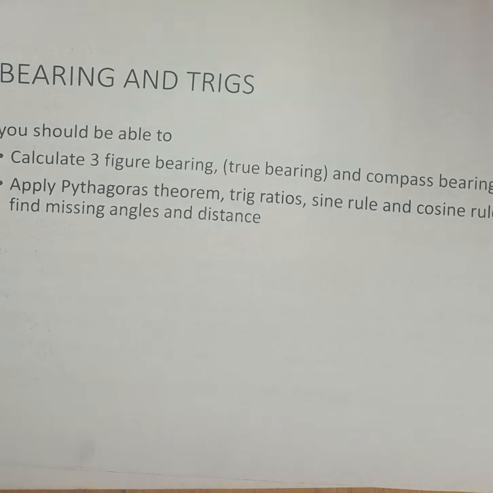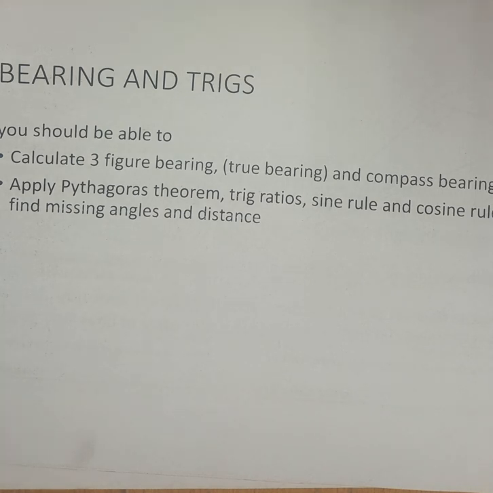In your section B, you can see a question on bearing and trigs. You should be able to calculate the three-figure bearing, that is the true bearing, and also the compass or quadrant bearing. Be able to apply the Pythagoras theorem, let's say it is a right-angled triangle, and also the trig ratios.